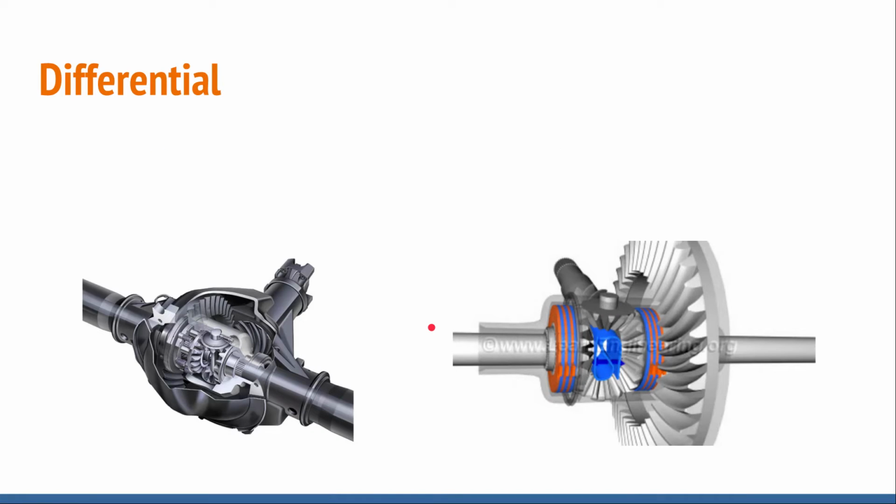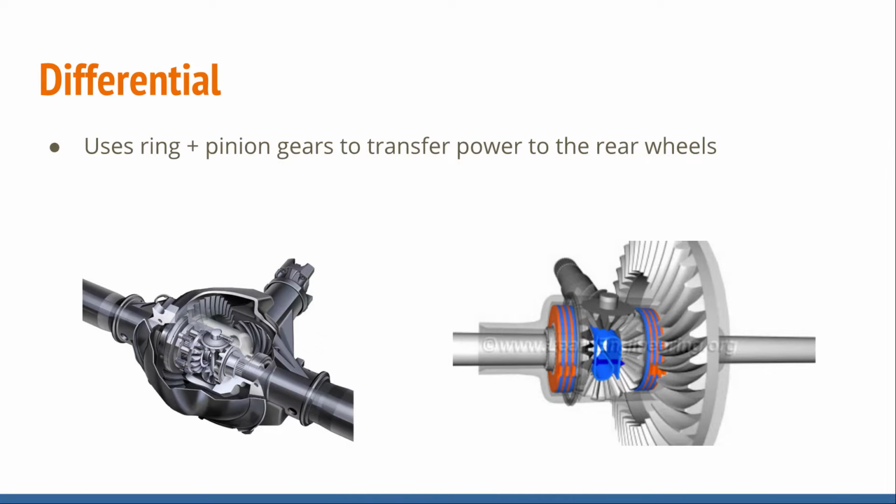The rear differential. The rear diff uses a ring and pinion gears to transfer power to the rear wheels. So you're taking power coming in this direction, and the ring and pinion takes the power, splits it, and puts it to the wheels.